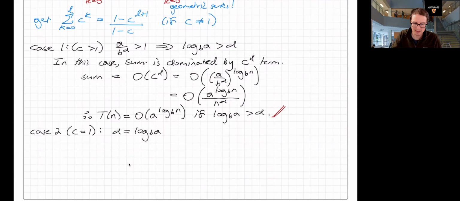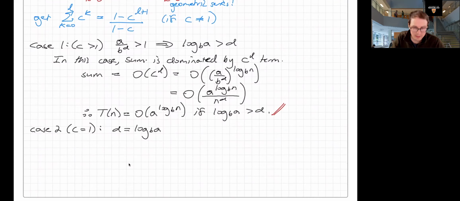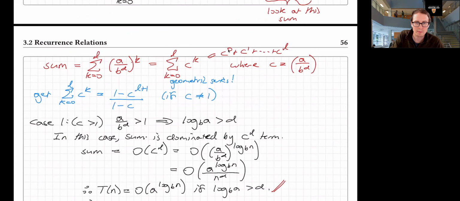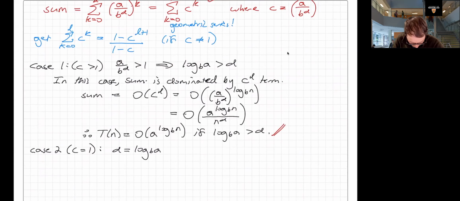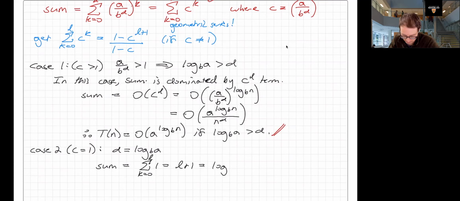And so D equals log base B of A. The sum then is just going to be 1 to the power of 0 plus 1 to the power of 1 plus 1 to the power of L. It's just going to be the sum from K equals 0 up to L of 1, which is just L plus 1 terms. Plugging in the value of L, that's log base B of N plus 1.